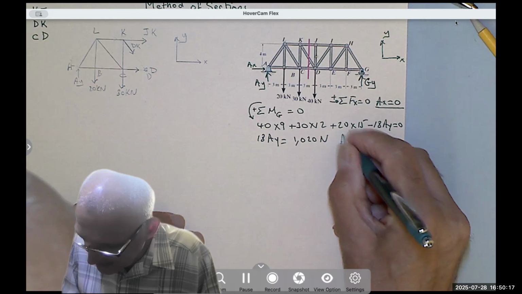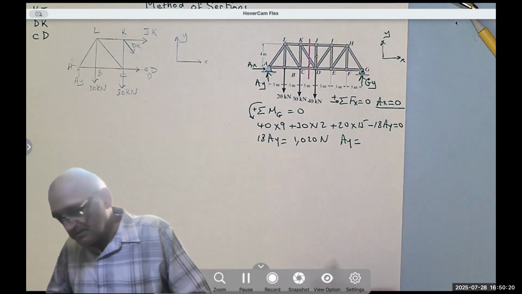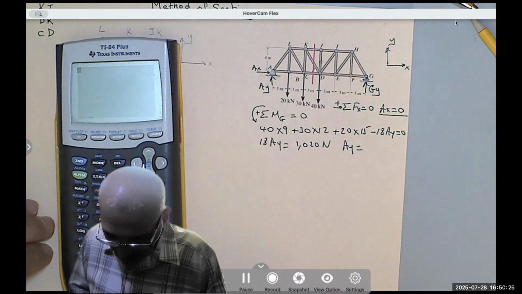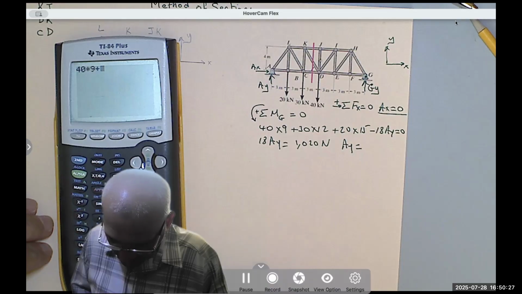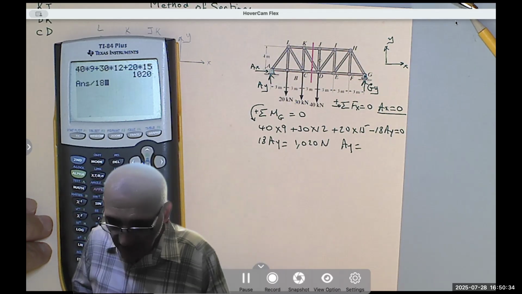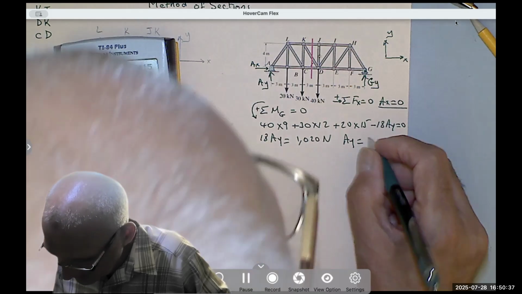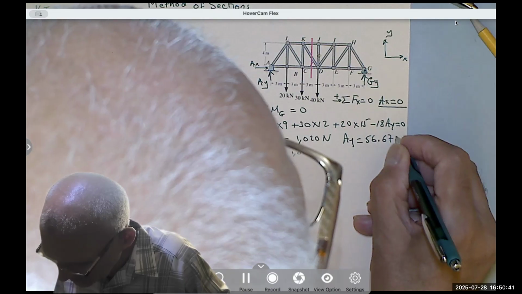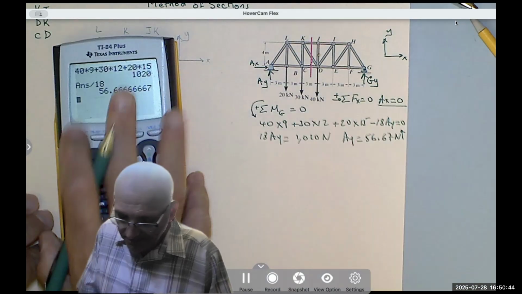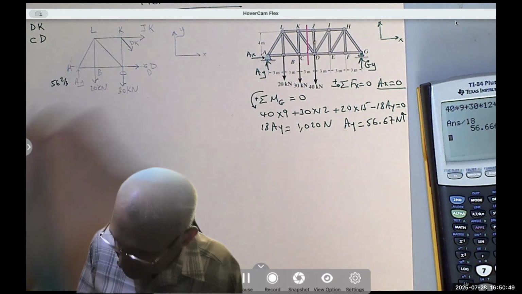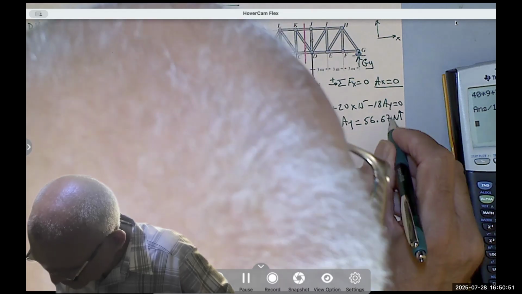So AY is 40 times 9 plus 30 times 12 plus 20 times 15, and then you divide by 18, you get 56 and 2/3, positive meaning going up. So now this is 56 and 2/3 kilonewton. Kilonewton, I wrote Newton.